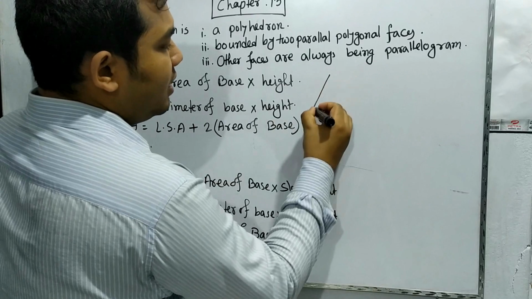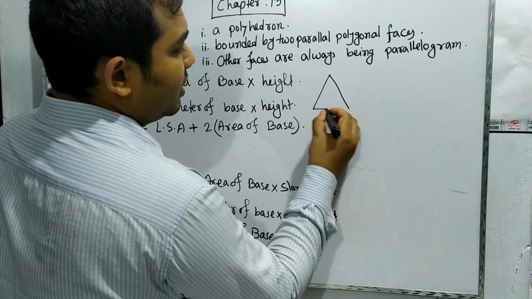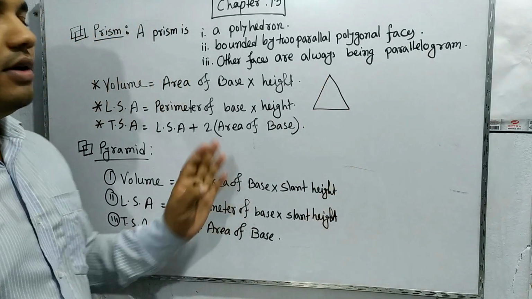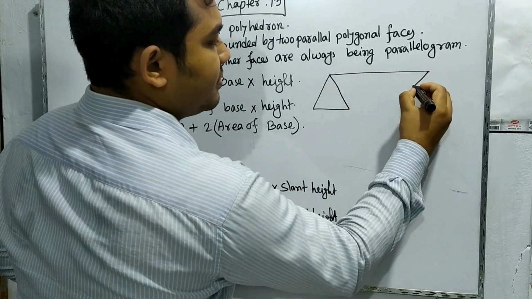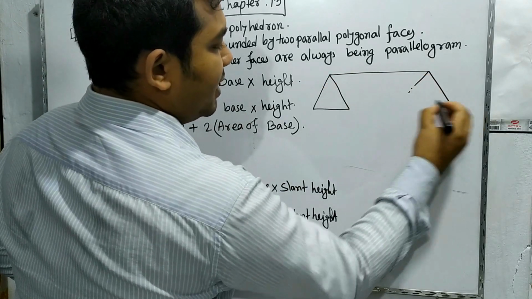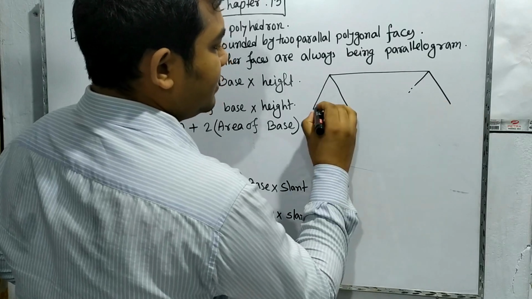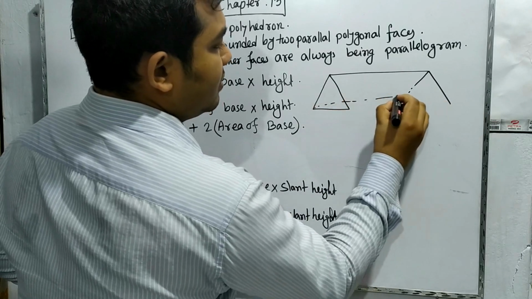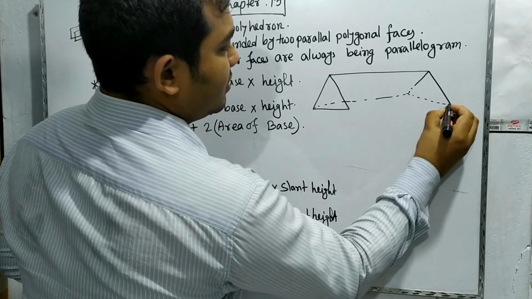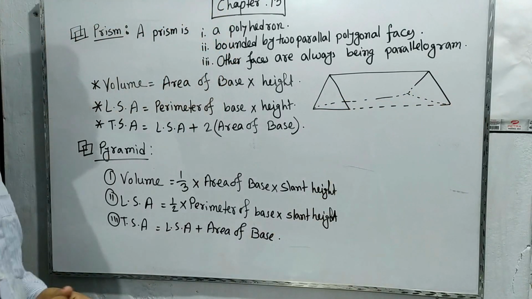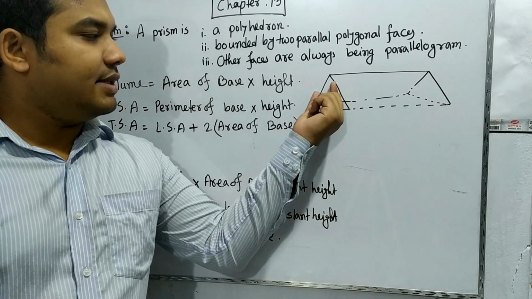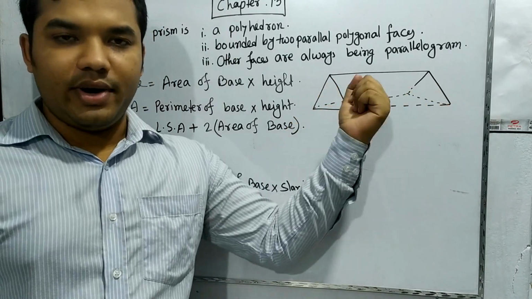Generally, which types of prism do we find? It maybe looks like this. Suppose here is a triangle and here is also a triangle.